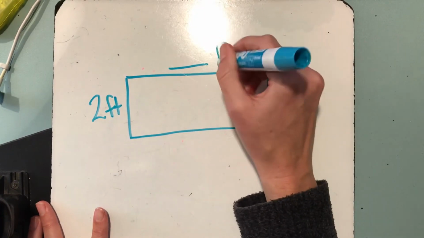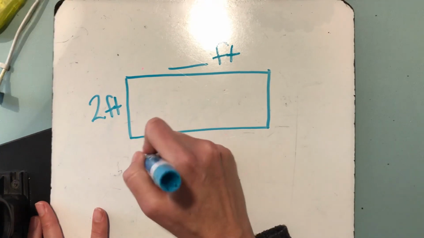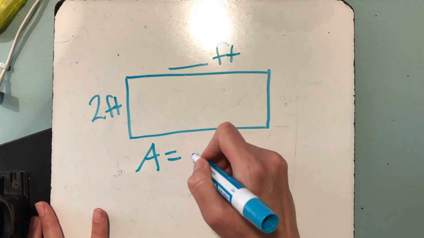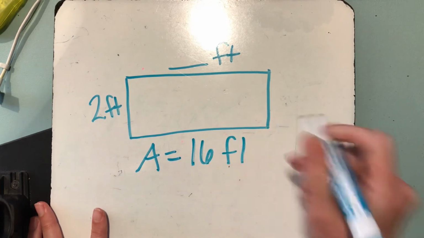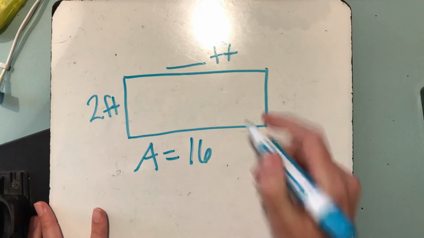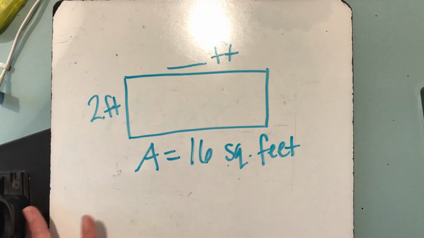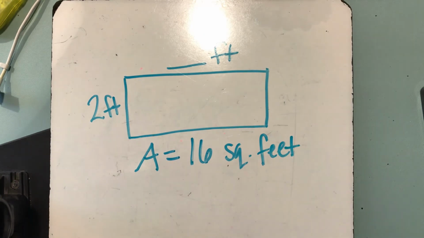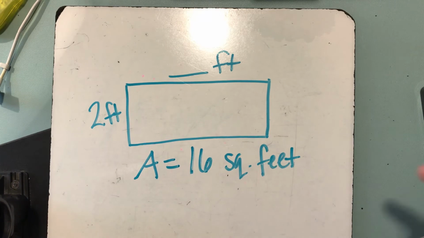I don't know what this side is here, the length, but I know that my area is 16, oops, I always forget to put square because that's the total, right? Square feet. Okay, let's find that missing side. What are we going to do? Divide.